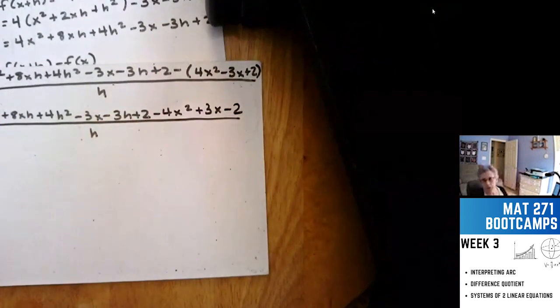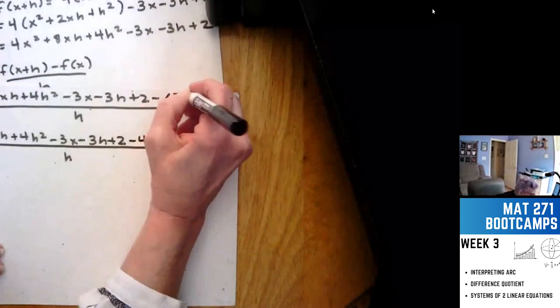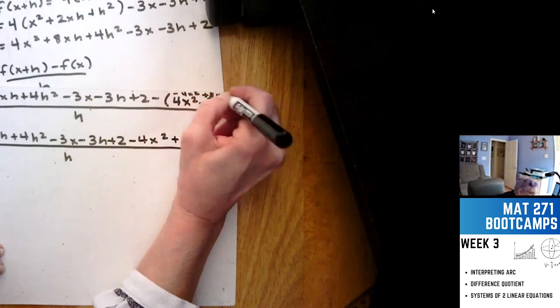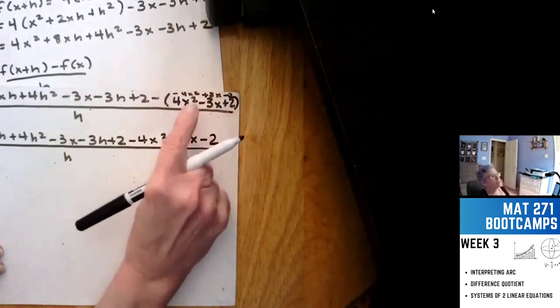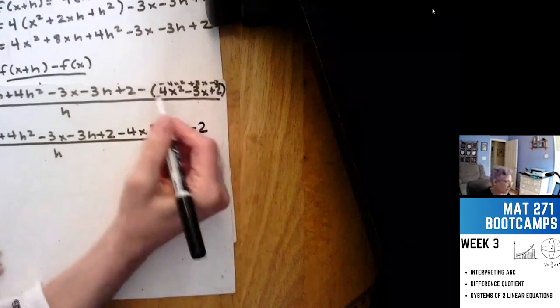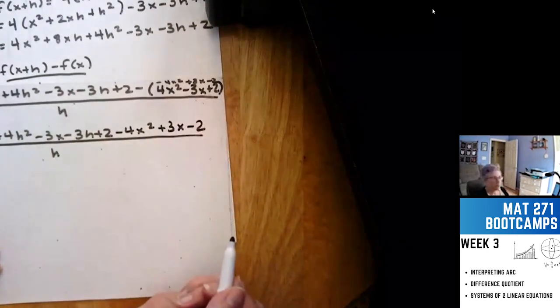Now, I know when you're doing your homework, you're going to get tired of writing this stuff over and over again. So you could just come up here and change your signs. Minus 4x squared plus 3x minus 2. Just to remind yourself that everybody in there gets a new sign.